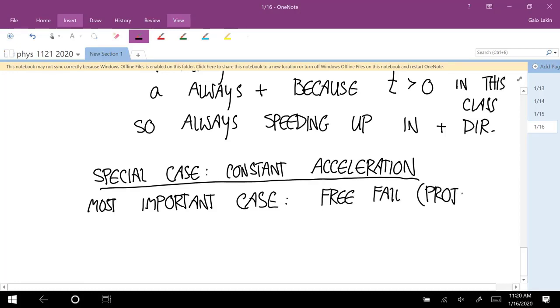I'm going to use those interchangeably. For an object with negligible air resistance.